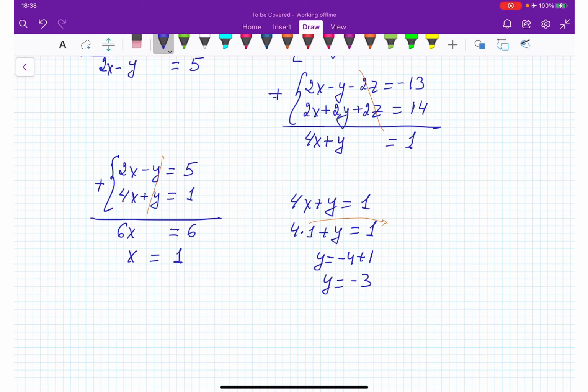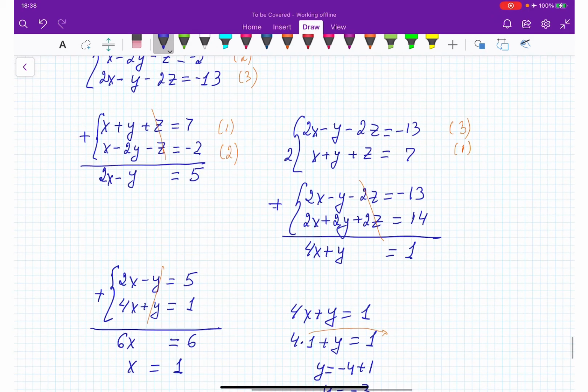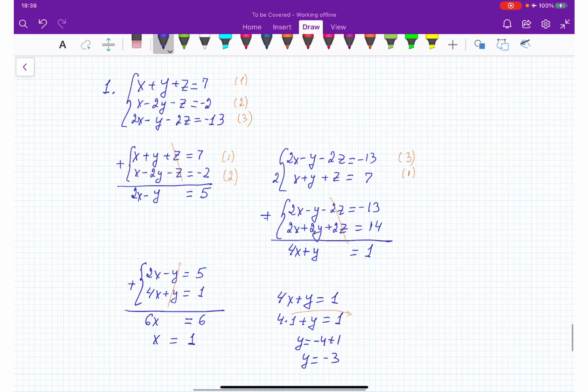Now we need to find z. To find z, I'm going back to my original system of equations and picking any equation to plug in x and y to get z.